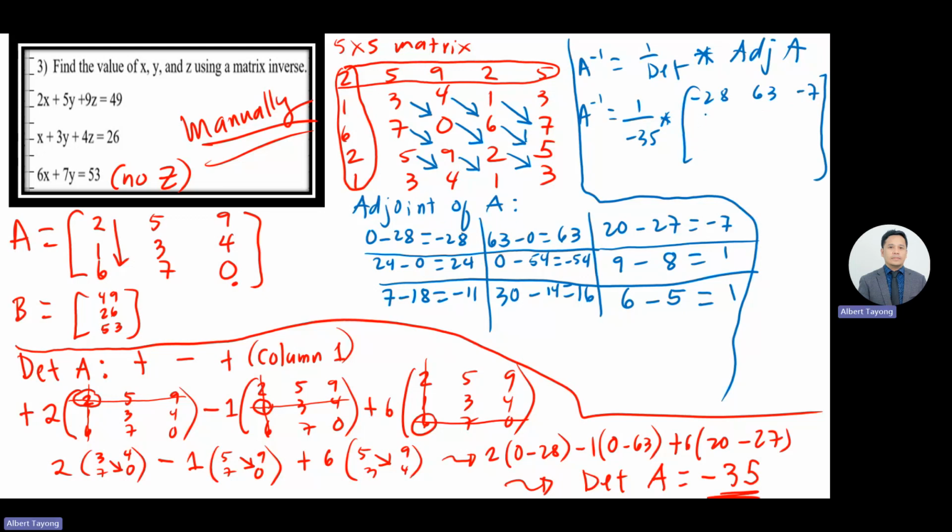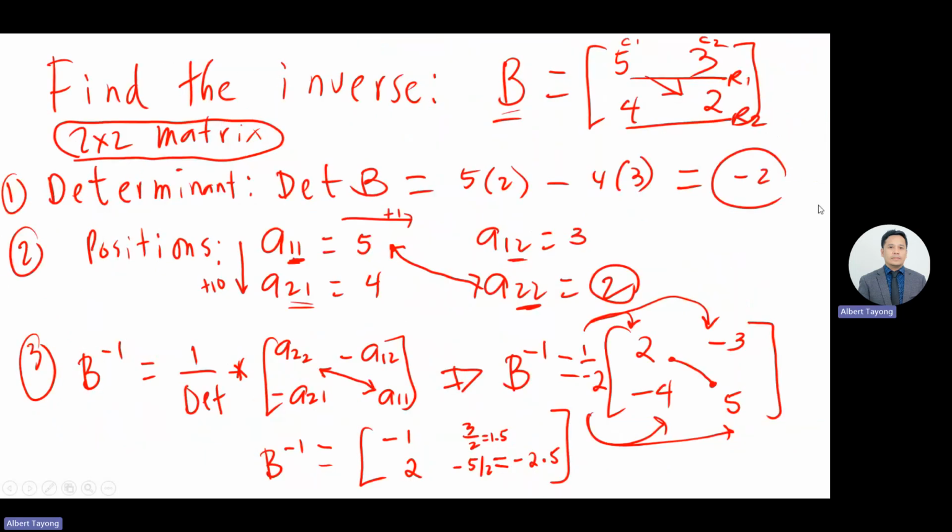And we have 24, negative 54, then 1, negative 11, 16, and 1. So we will now multiply this one by one. So we have to multiply 1 over negative 35 times negative 28, 1 over negative 35 times 63, and so on and so forth.